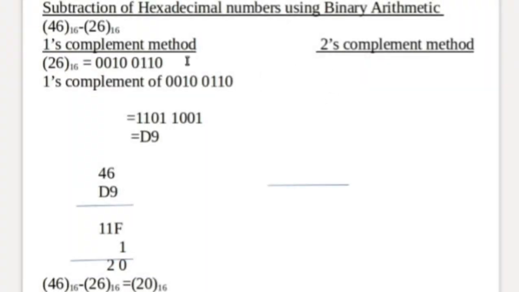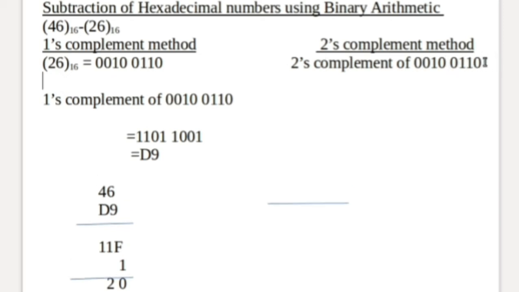Next we subtract the same numbers using the 2's complement method. In the 2's complement method, we write the 2's complement of the subtrahend. The 2's complement of 0010 0110 is the ones complement plus 1.